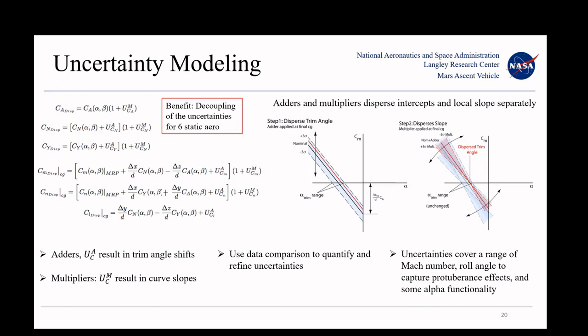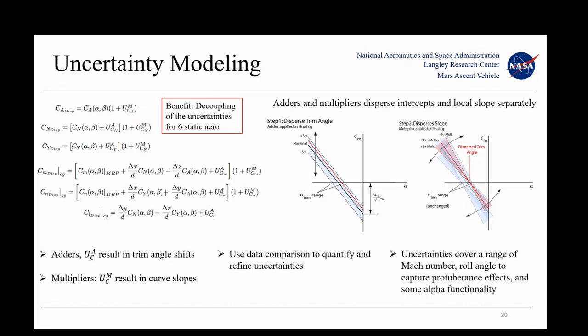But in our branch, we also came up with, Mark Schoenberg and Ashley Corzon derived these uncertainty coefficients, or how we generate uncertainties for these coefficients based on two main variables: the uncertainty in the adders and uncertainty in the multipliers. Okay, so as you can see, we've got all these six forces and moments.